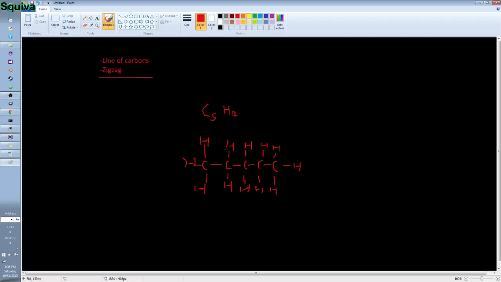So you'd end up with something that looks kind of like this. Now, one thing you have to know is that carbons connect to carbons to form a line, and hydrogens you just don't draw in. So this would look like 1, 2, 3, 4, 5. This would look like that in bond line.